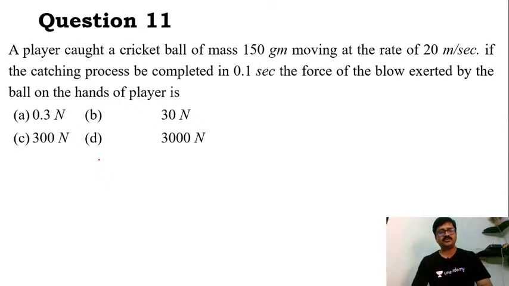Now let's talk about question number 11. A player caught a cricket ball of mass 150 gram moving at the rate of 20 meter per second. If the catching process is completed in 0.1 second, the force of the blow exerted by the ball on the hands of the player is.